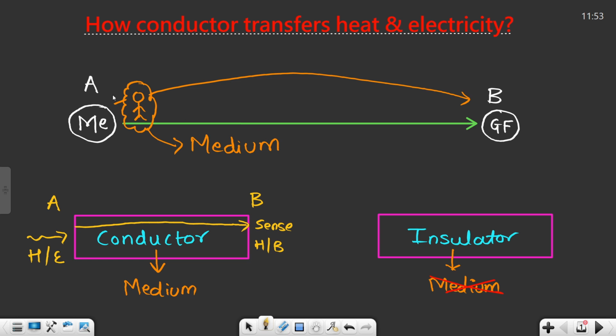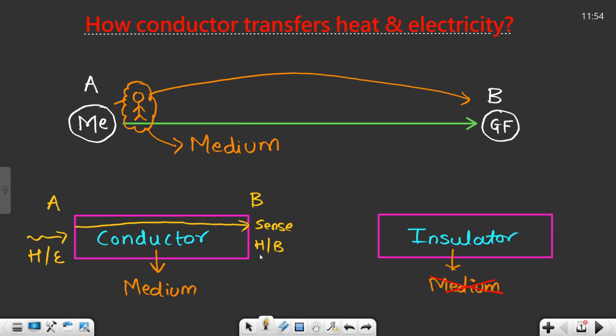So what exactly did you do over here? You just picked that letter and gave it to her. So basically you are like a medium in between both of us. Similarly, in case of a conductor, whenever heat or electricity is supplied at point A, it is quickly sensed at point B. Why? Because in a conductor there is some medium.